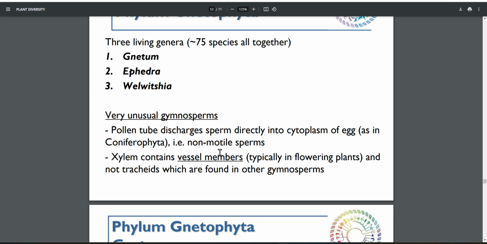They don't have motile sperm, and the xylem contains vessel members, which are typically found in flowering plants, and not tracheids. Tracheids are the more primitive xylem, which are found in other gymnosperms. So that actually means they do not have tracheids.